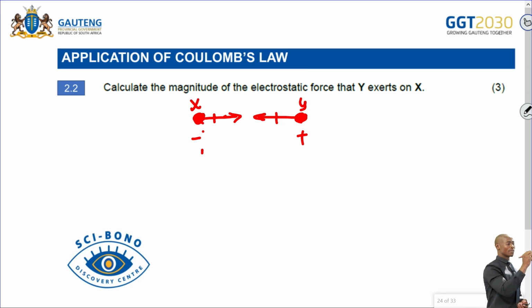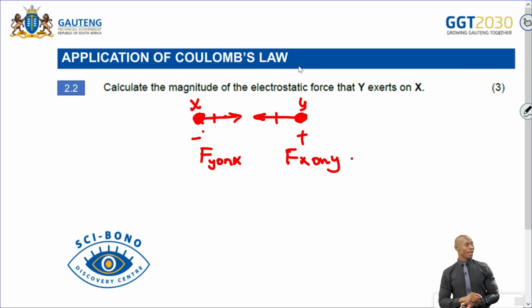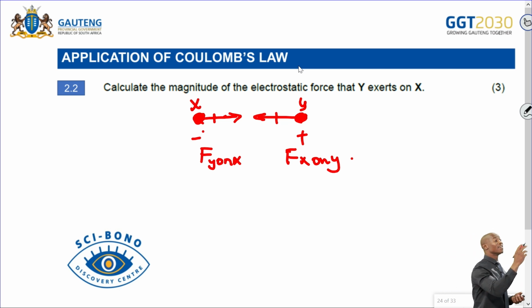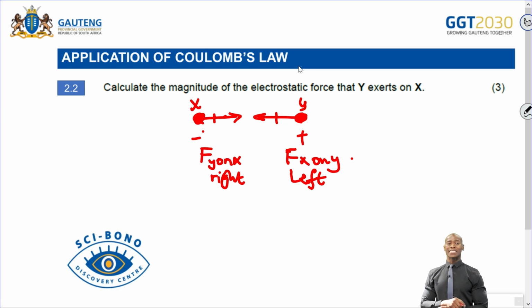So this is the force that Y exerts on X, remember it's on X, and this is the force that X exerts on Y. The force that Y exerts on X is equal to the force that X exerts on Y, but acting in opposite directions. The force that Y exerts on X is to the right, and the force that X exerts on Y is to the left. But the magnitude is the same. So what are they looking for?